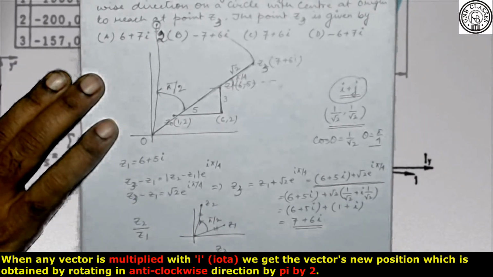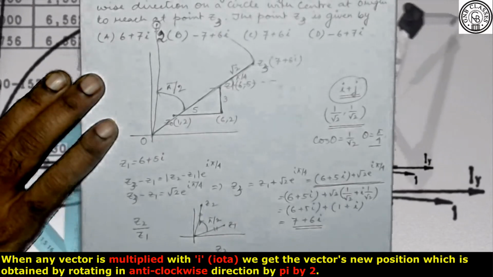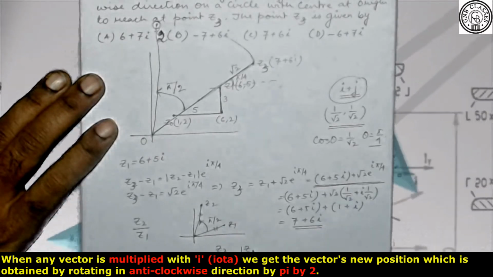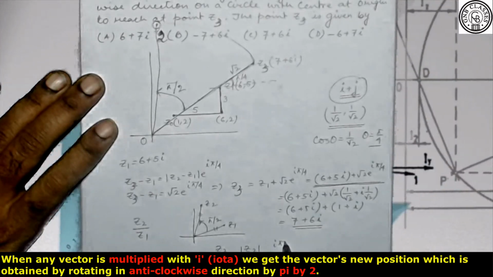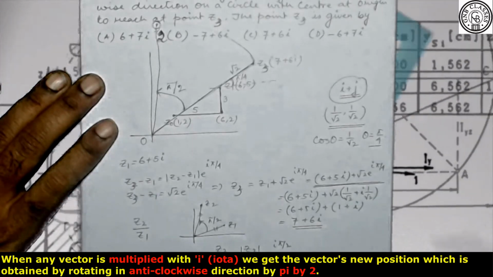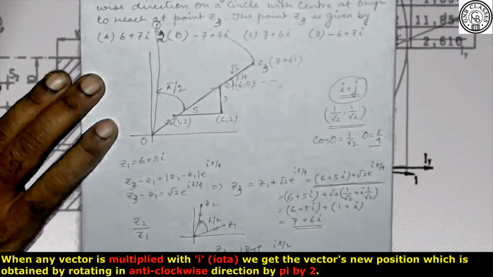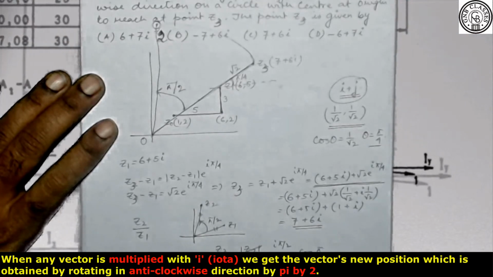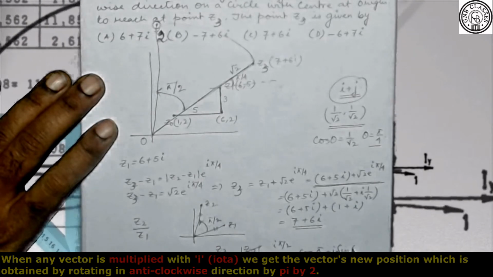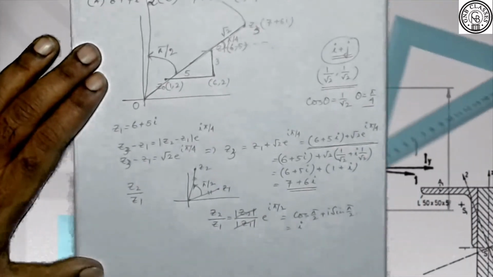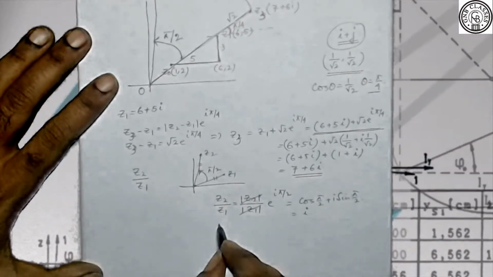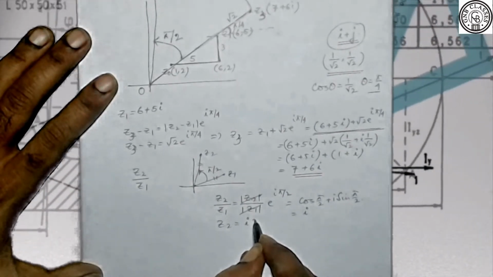Then what is the formula from Coni's method? Z2 by Z1 equals mod of Z2 by mod of Z1 e to the power iota pi by 2. Since these two lengths are the same, it will cancel. So it is cos pi by 2 plus iota sine pi by 2. So that gives us only iota, right? So from here we can say that Z2 is nothing but iota Z1.